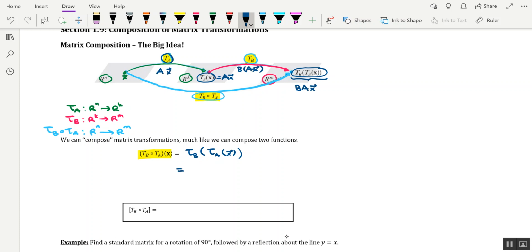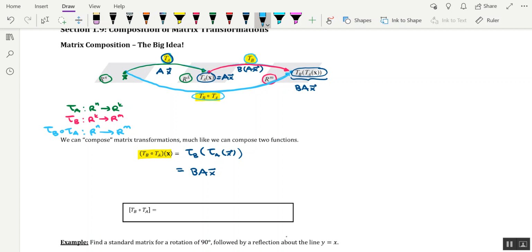So T sub B of T sub A of x really boils down to taking the two standard matrices in this order and multiplying it to the initial vector x. We don't lose the quality of the order here.